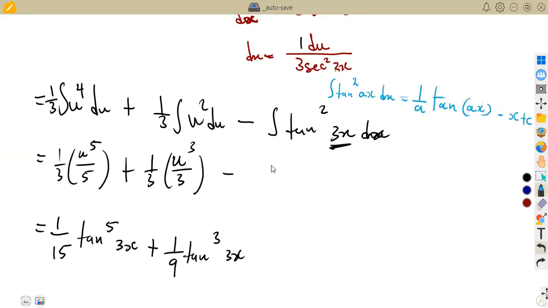So let's correct this. So it was going to be minus here 1 over a. Our a is 3, so it's 1 over 3 tan ax, which is tan 3x as it is, minus x plus c. All right, so this is what you're going to get.